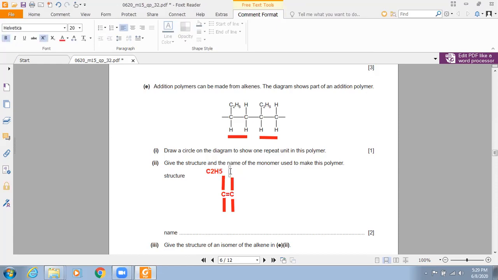Actually, I have taken very little space. This is hydrogen. This one is hydrogen. This one is hydrogen. Actually, this C should be here. C2H5. You can make it a bit bigger. Okay. So name. What will be the name?